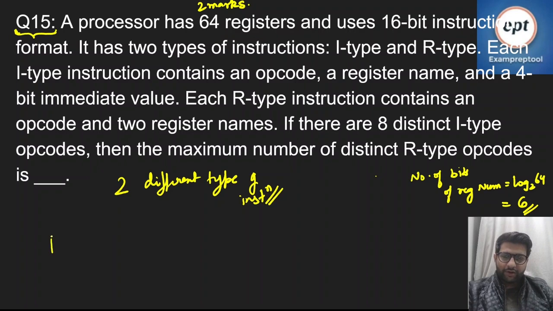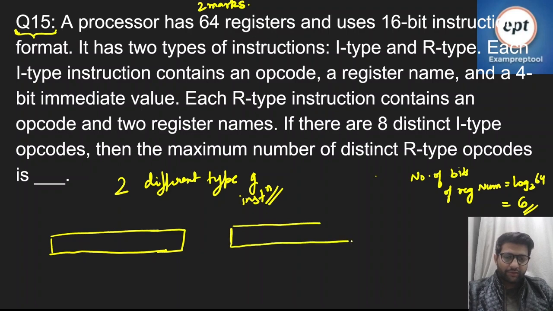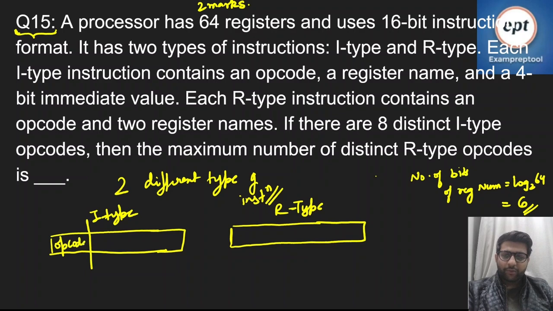So first we will draw the format for both types of instruction. Let's say this is the first type of instruction and the second type of instruction, right? So let's say this is the I type and this is the R type. Now each I type instruction contains an opcode. So the format is as follows: first an opcode, a register name, and a 4-bit immediate value.